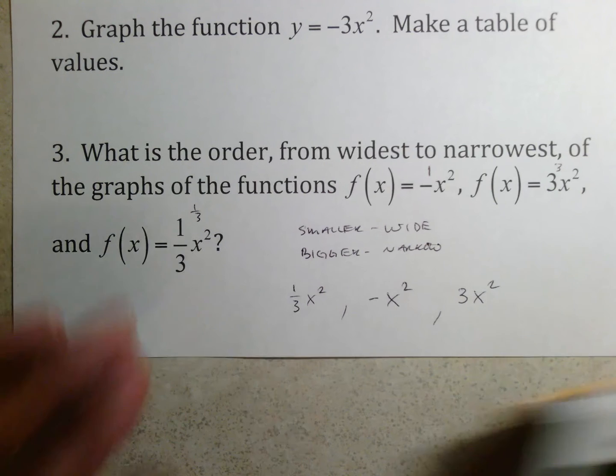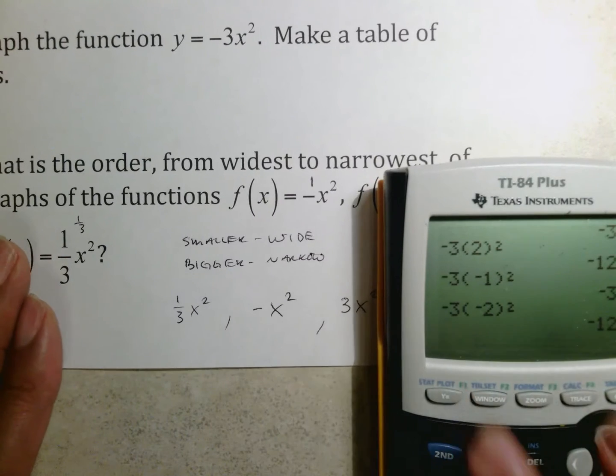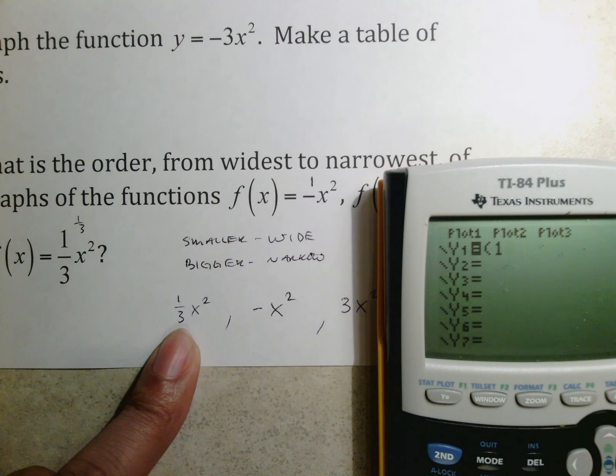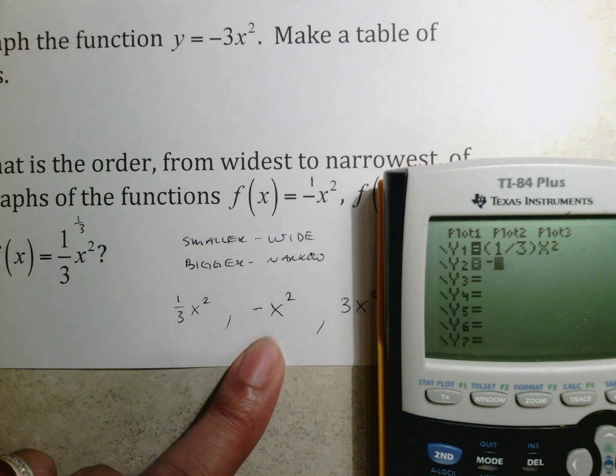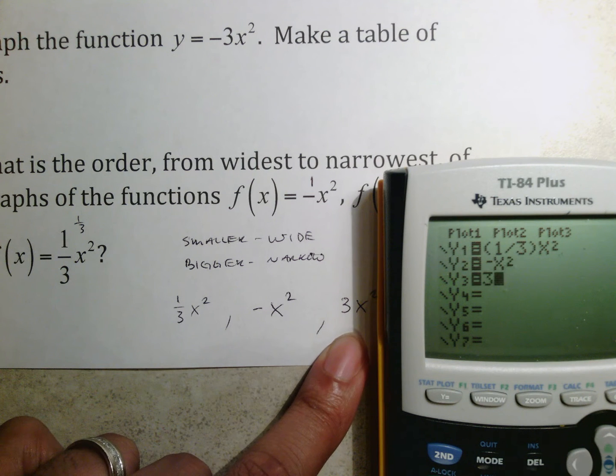So what we can do real fast, just to make sure that works, I always train you to do this, is to kind of check your answers. So we go to our y equals and we type them in. 1/3 of course being in parentheses, x squared, negative x squared here, and then 3x squared last.